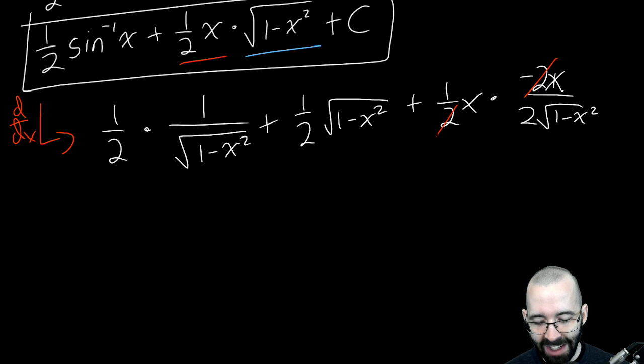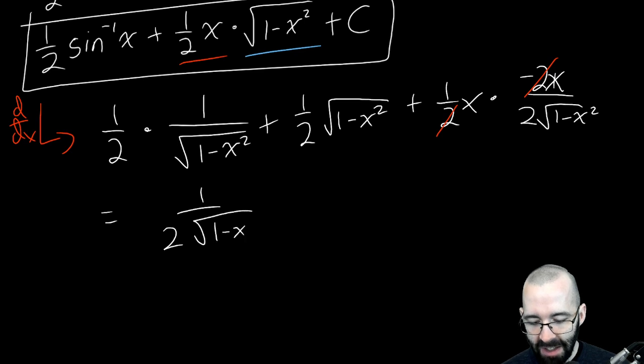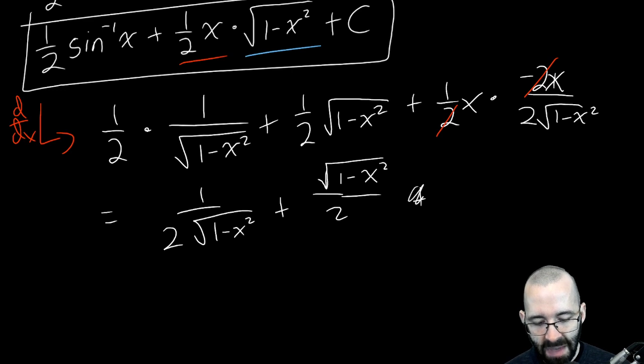We have 1 over 2 square root of 1 minus x squared plus square root of 1 minus x squared over 2, and then minus x squared over 2 square root of 1 minus x squared.